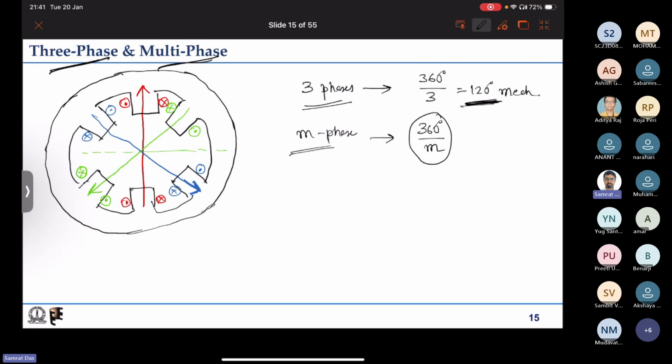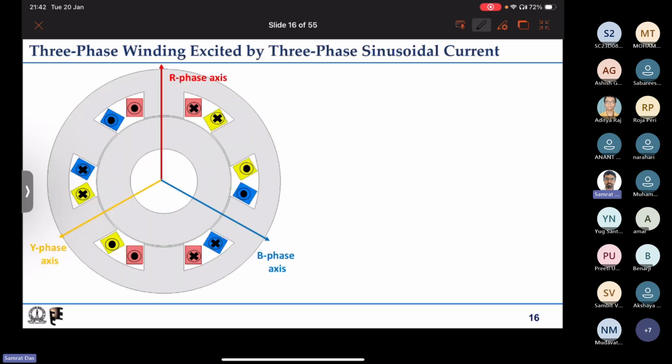In 3 phases, we have the 3 phase axes phase shifted by 120 degree from each other, and we have the 3 phase shifted currents injected into them. In case of m phase, we would have the m phase magnetic axes phase shifted by 360 degree divided by m, and the currents will also be phase shifted from each other by the same angle. So let us see the structure that we have realized.